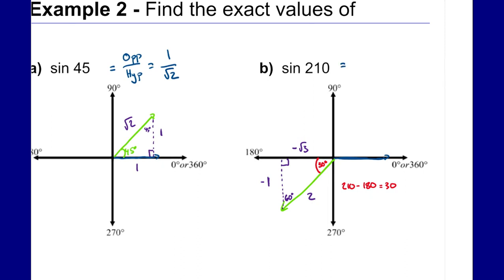The ratio for sine of 210, or sine of 30, because that's the reference angle we're using, is going to be opposite over hypotenuse, which is negative 1 over 2. So the sine of 210 is actually equal to negative the sine of 30.